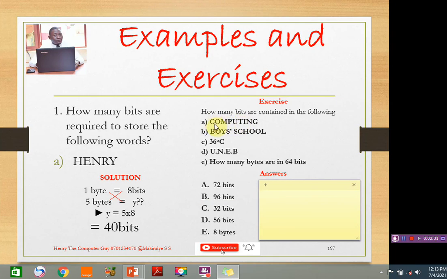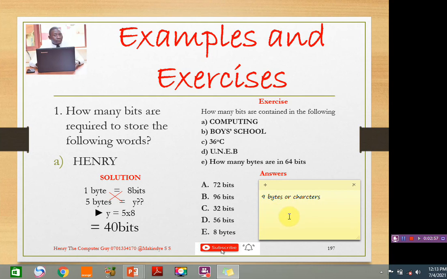We have 1, 2, 3, 4, 5, 6, 7, 8, 9. Are they 9? 1, 2, 3, 4, 5, 6, 7, 8, 9. Yes, they are 9. So we have 9 bytes or characters. Are we together? Those are the 9 characters or bytes.